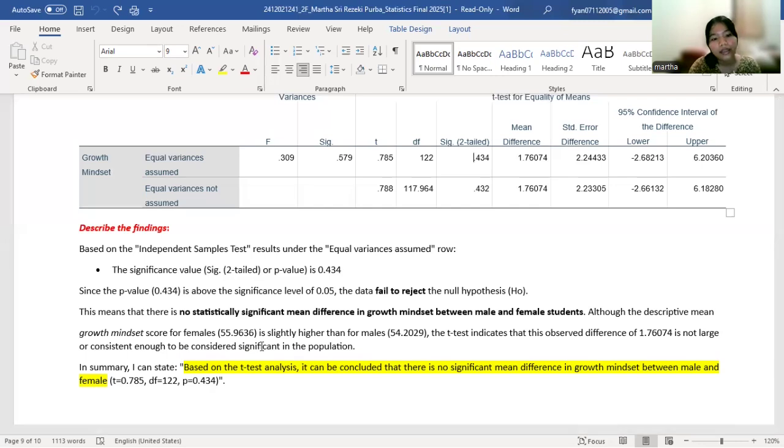So I can state that based on the t-test analysis, it can be concluded that there is no significant mean difference in growth mindset between male and female.